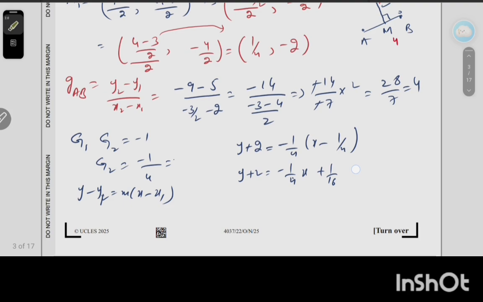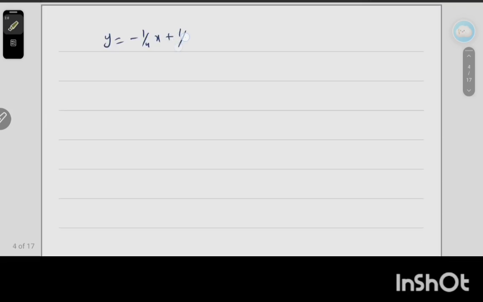Now we have to solve this one. We get plus 1 by 16 minus 2, and we simplify that, minus 1 by 4x plus 1 minus 32 by 16, take LCM. So we get minus 1 by 4x, here minus 31 by 16.